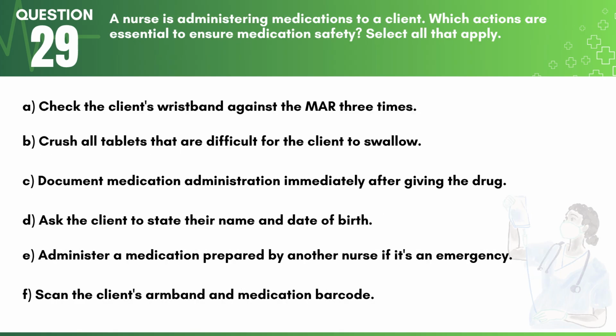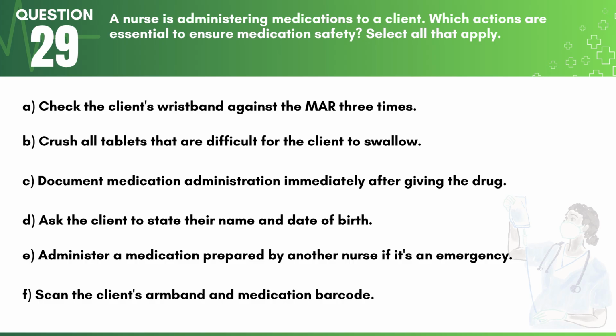Question 29. A nurse is administering medications to a client. Which actions are essential to ensure medication safety? Select all that apply. A. Check the client's wristband against the MAR 3 times. B. Crush all tablets that are difficult for the client to swallow.